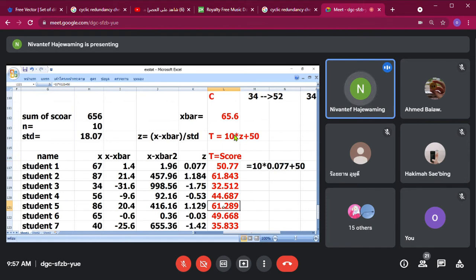This mark for student number 5 is compared with student number 1, 2, 3. But 86 for student number 5 is individual data, not connected to the group. But when we change to Z or T score, this 61 compares with all of the students. It does not have the same meaning.